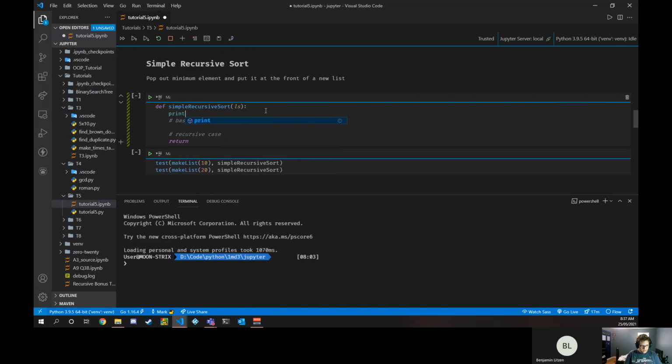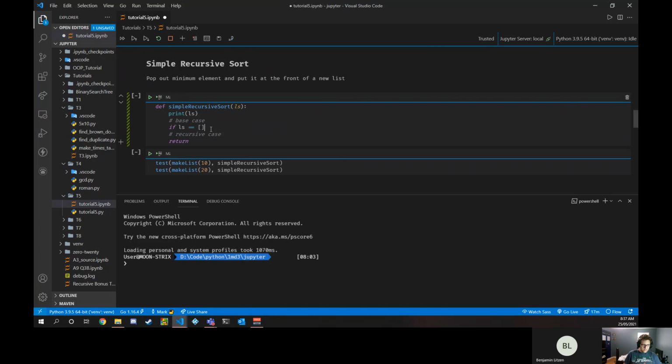And I'm going to print the list so that we can watch what happens as it recurses. So what is my base case? Well, what is the base case of a list? Remember, a list is a data structure.